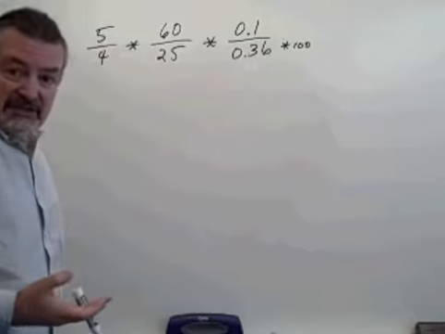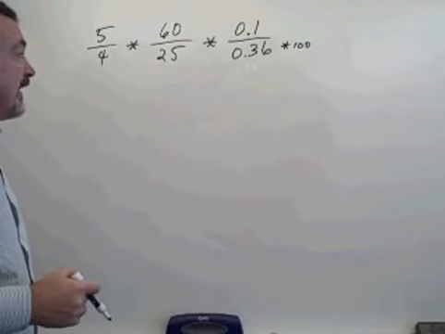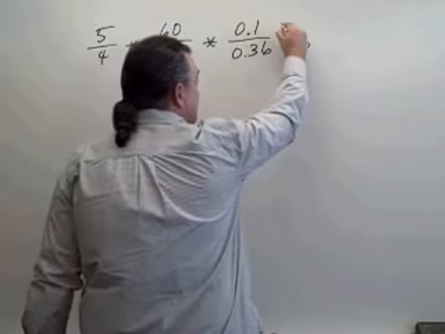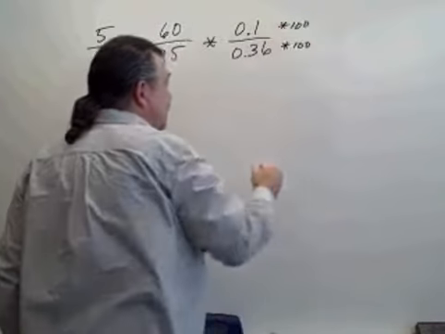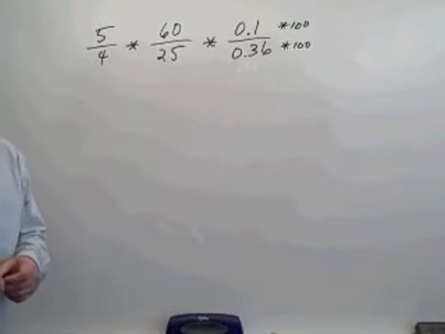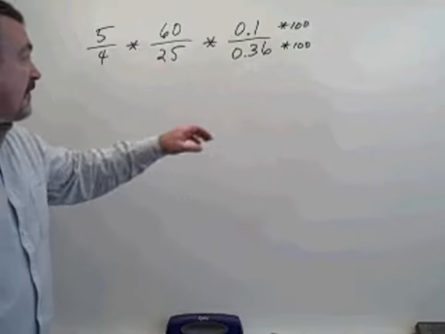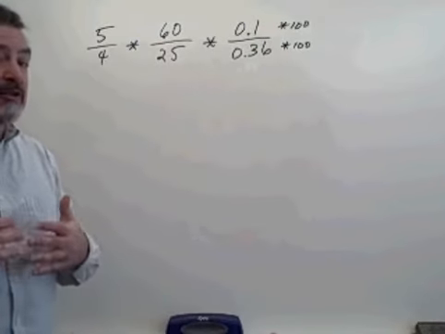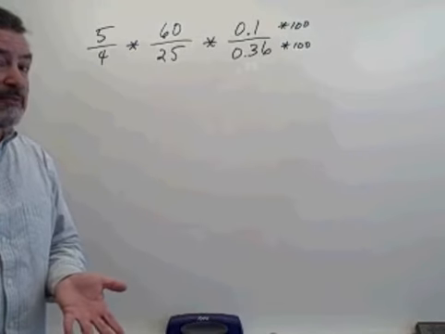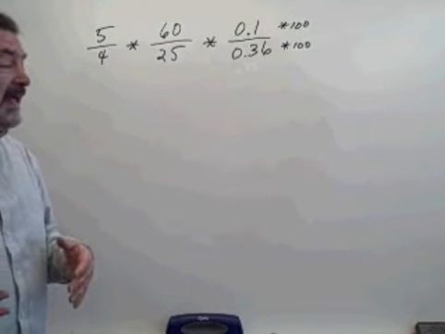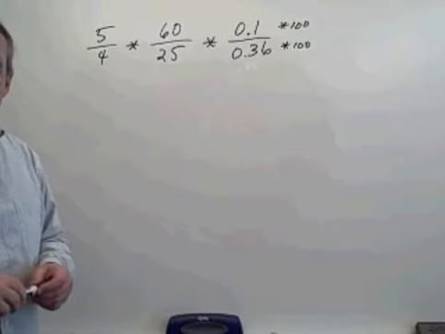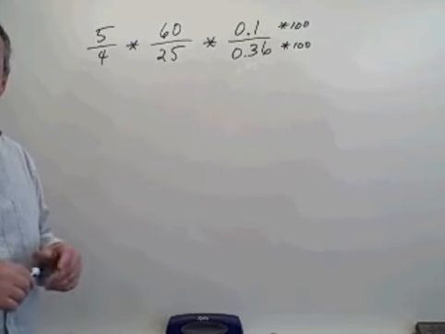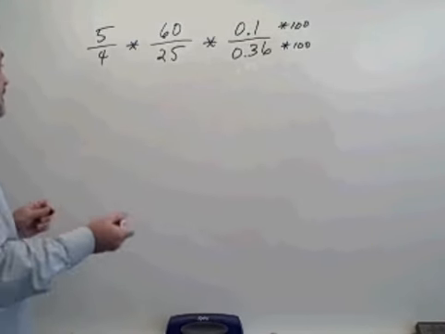But in order to keep the value of my fraction the same, I have to multiply the numerator by the same quantity. So if I multiply the numerator and denominator both by 100, I'm not going to change the value of the fraction, I'm just going to change its appearance, and that will make it easier to do the reducing that I want to do in this overall multiplication problem.